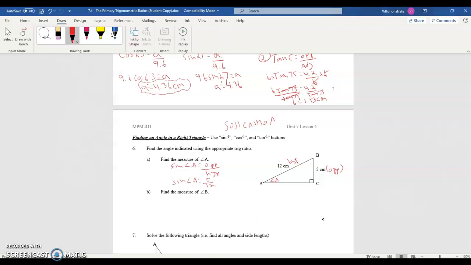And in order to find what angle A is, we would do our inverse function of that. So we would do inverse sine of 5 over 12. And we would get that angle A is equal to, so let's do that. Inverse sine of 5 divided by 12, put that in brackets, that's 5 over 12, would be 24.62.